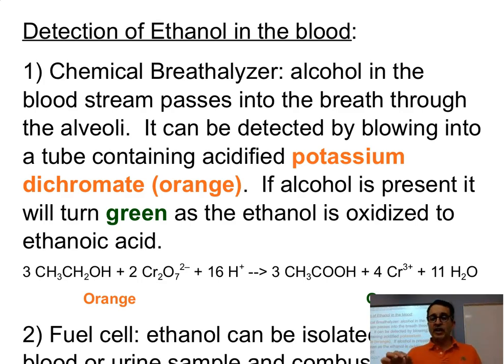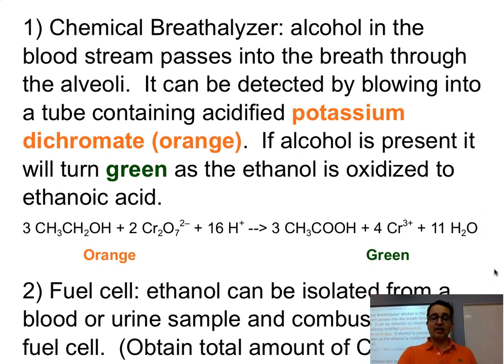If you have the common chemical breathalyzer, you would have a sample of potassium dichromate, which is orange. If you blow into it, as we remember from organic chemistry, this will cause the dichromate to oxidize the alcohol, and the dichromate itself becomes reduced to chromium 3+, and so it will change from orange to green.